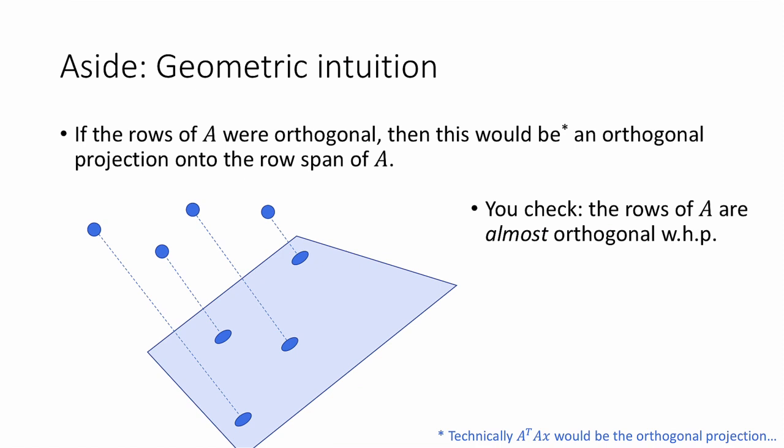You can check that if A is chosen with independent Gaussian entries, then the rows of A are almost orthogonal with high probability. So intuitively, what this map is doing is basically a random orthogonal projection. In fact, Johnson and Lindenstrauss originally studied random orthogonal projections. This version with the Gaussians that we saw is easier to generate and compute with, though.